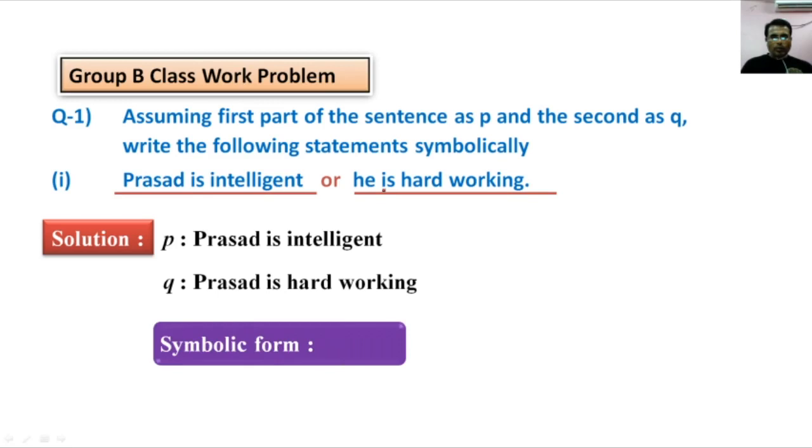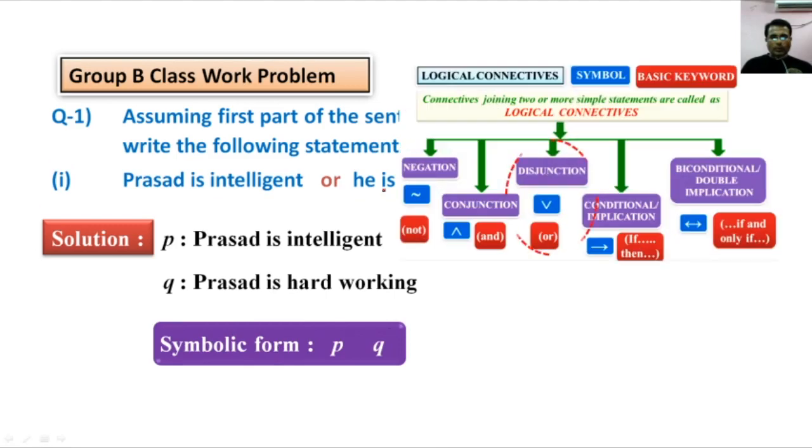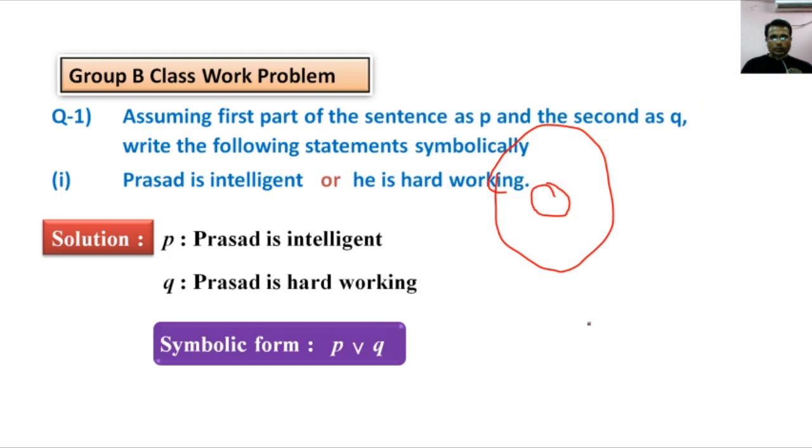So the symbolic form of this is P or Q. We know that for disjunction, this symbol indicates a disjunction, and therefore we have this symbolic form of logic.